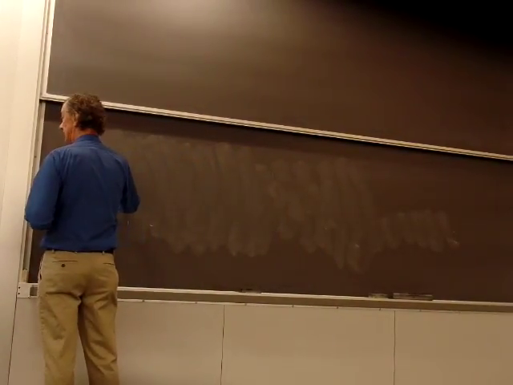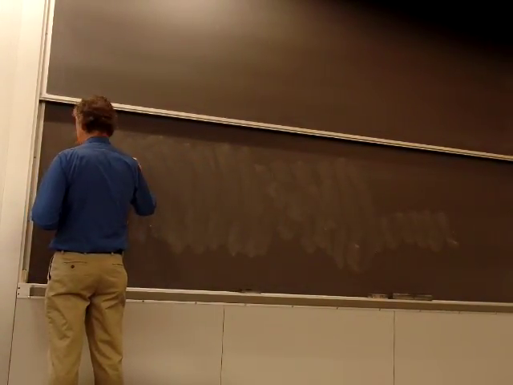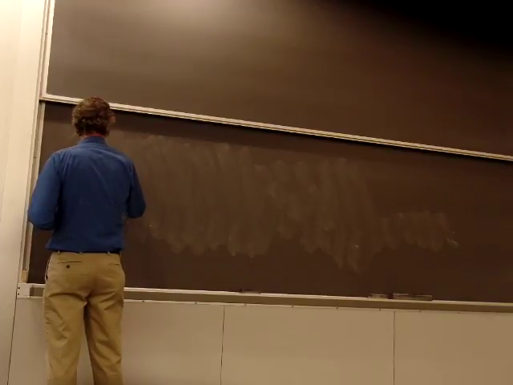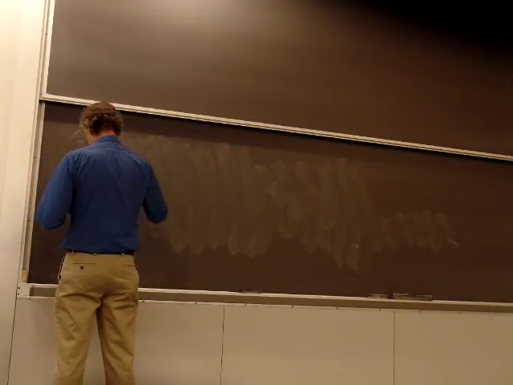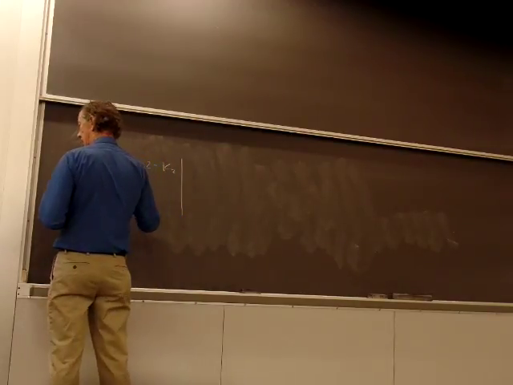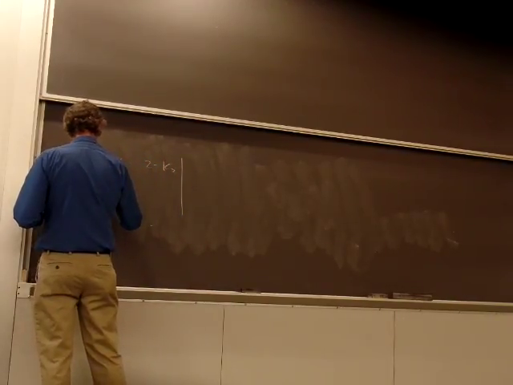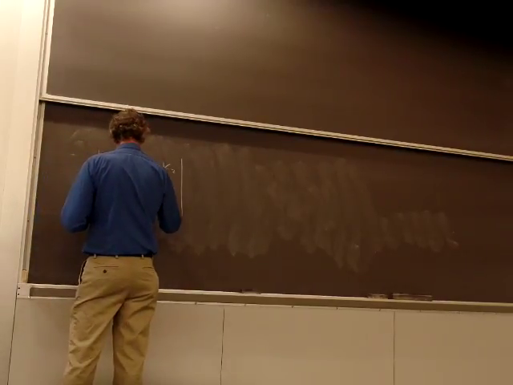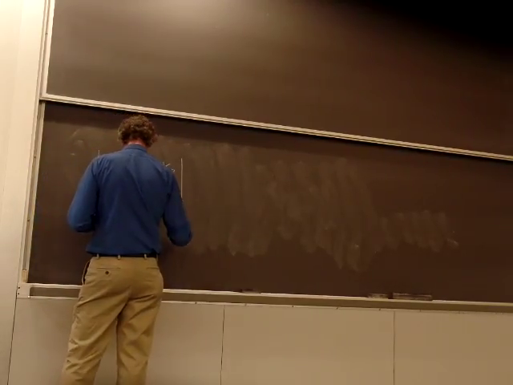So this is 0. Oops, I'm sorry. It's 0, 1, minus K1, 2 minus K2, which gives minus K1, minus 1 minus K2.